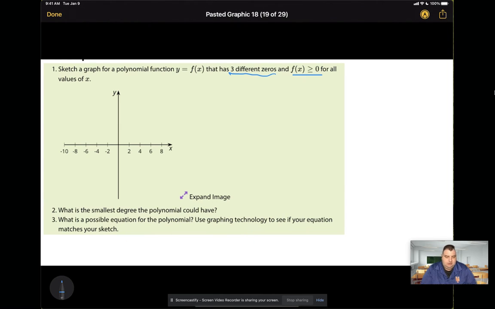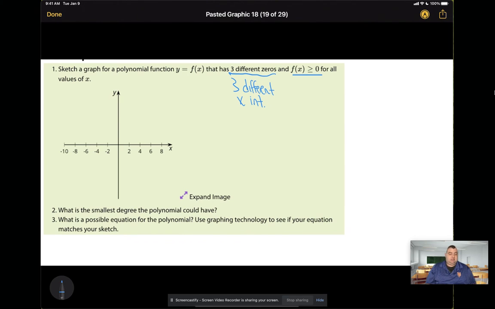So those are the two requirements. So three different zeros, what does that mean? That means I have three different X-intercepts. So that means it's going to intersect the X-axis at 3 points.